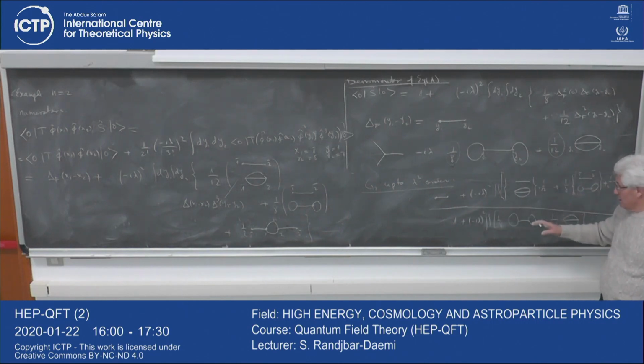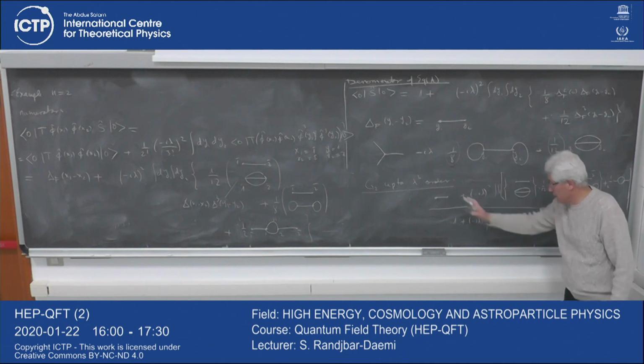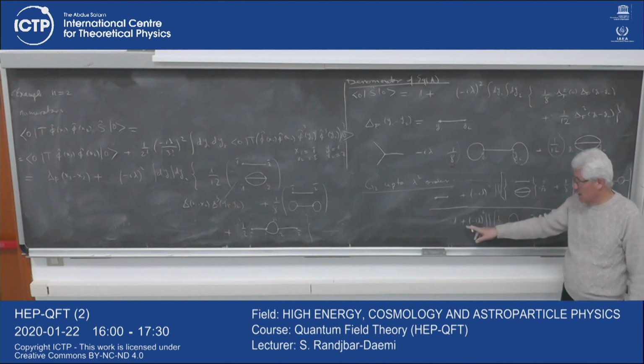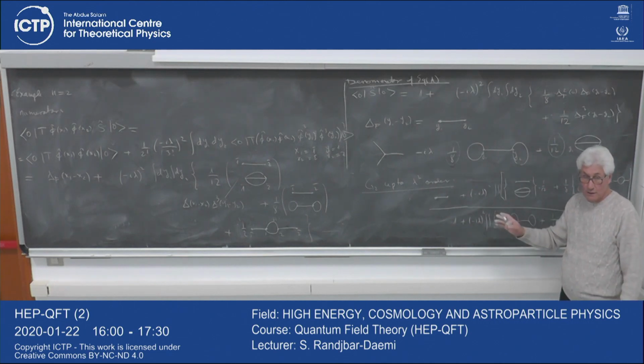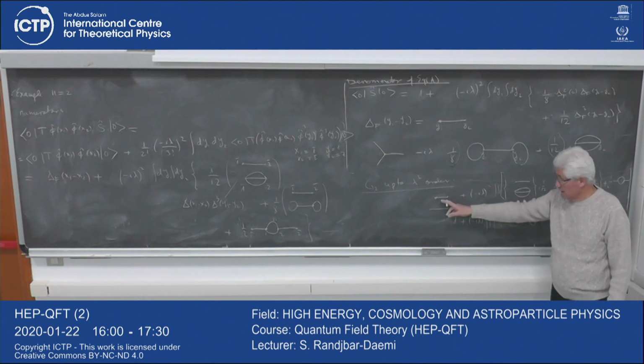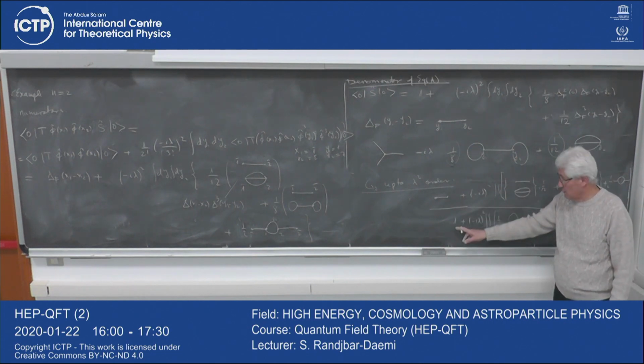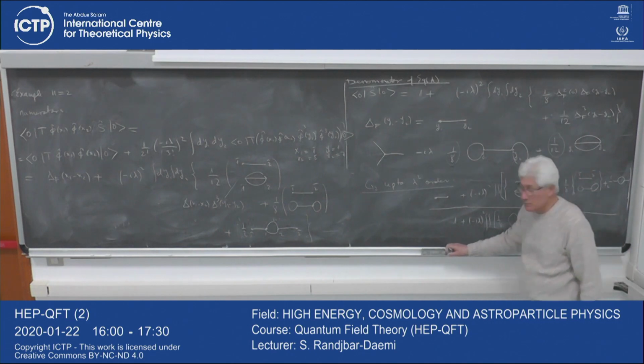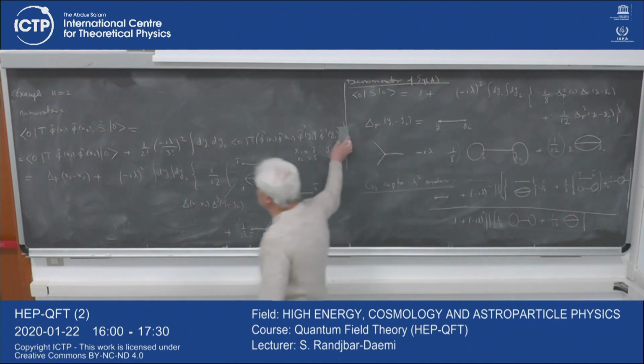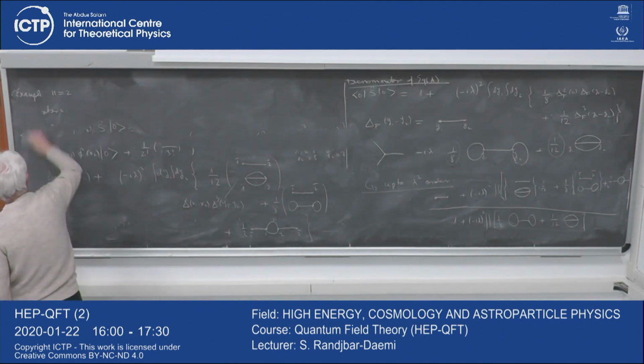So what will happen? If you multiply this by the same expression with the minus sign here, you have to multiply term by term. You multiply the term of order 0. So that will give you, I'm going to write the result here.